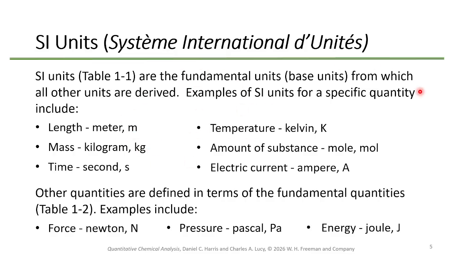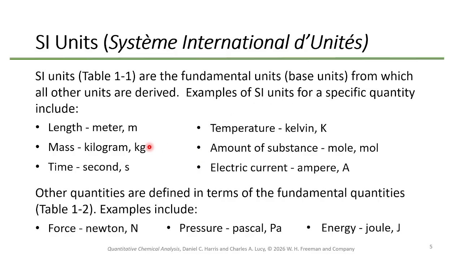Okay, so SI units actually stands for the Système International d'Unités. All of you have probably heard of that before, several times maybe. So the SI units are going to have fundamental units. These are the base units, from which all other units are derived. There are actually compound units as well that are going to be combinations of these other units.